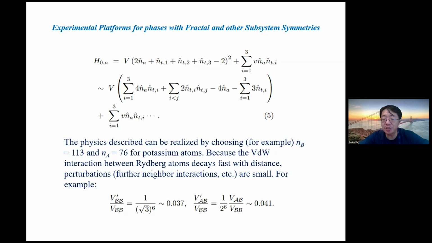A Sierpinski triangle with a size bigger than 16, for example the next one, 32, will likely be fragmented into smaller Sierpinski triangles, but we can still simulate a Sierpinski triangle with a size up to L equals 16.